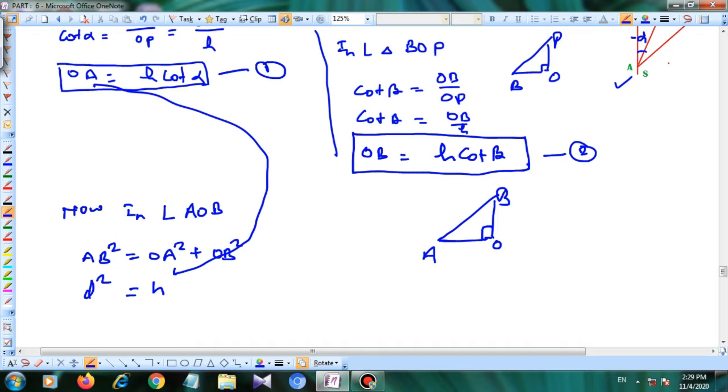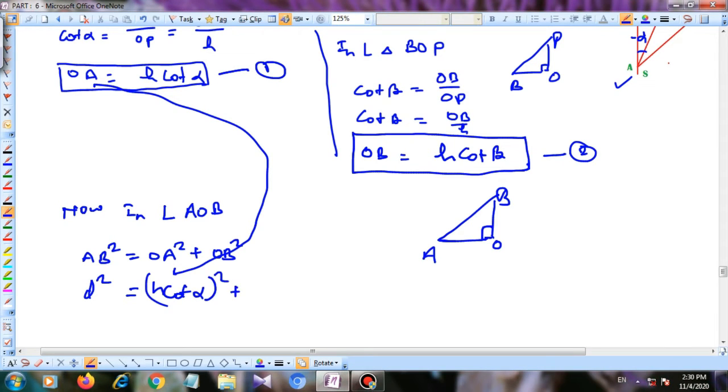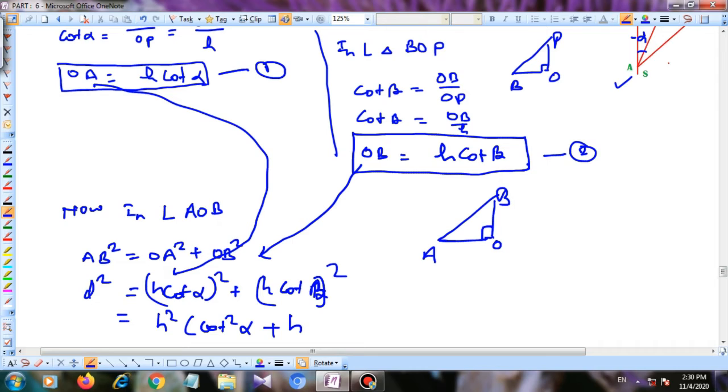So this becomes H cot alpha whole square plus the value of OB, which is H cot beta whole square. So this will become H square cot square alpha plus H square cot square beta.